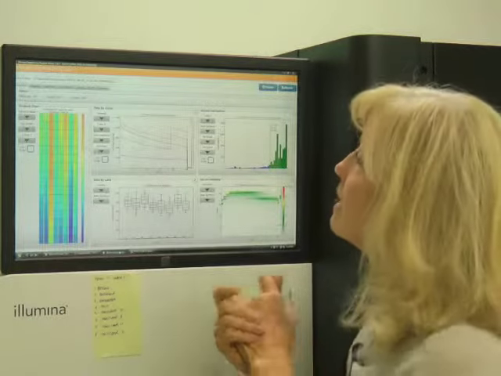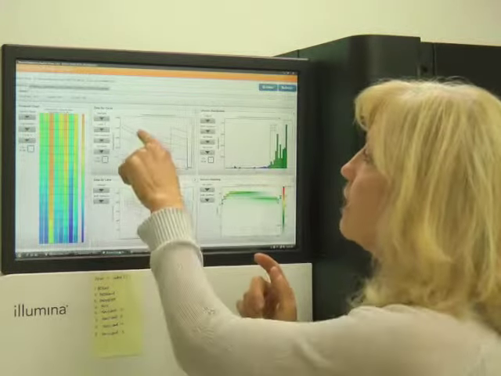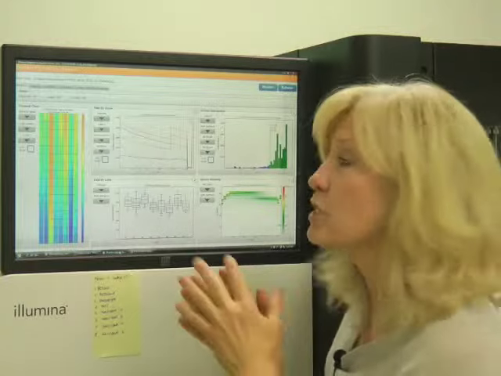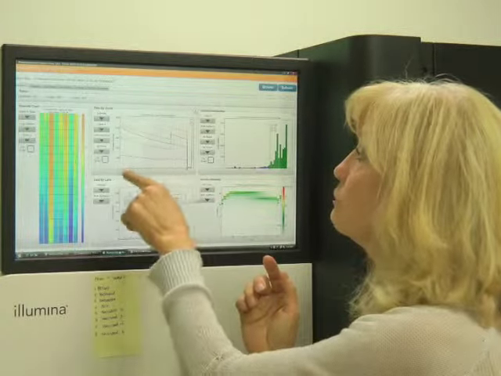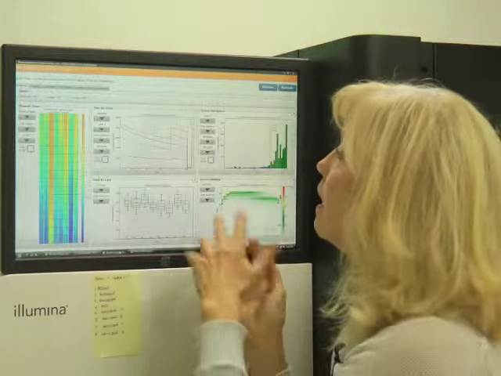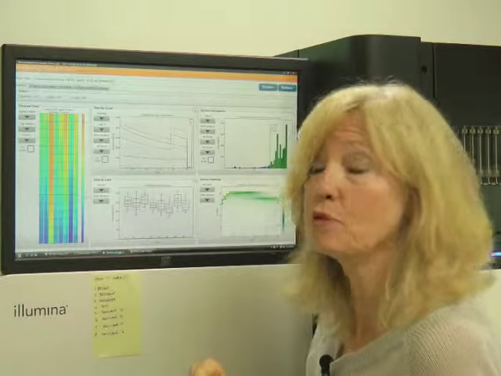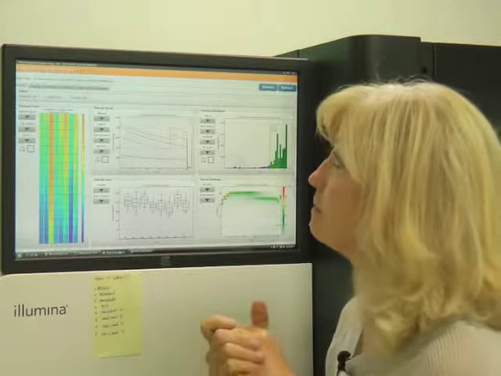In this box here, what we're looking at is the intensity of each of the bases. So our red line is the intensity of A's across all these cycles from cycle 1 to cycle 100. Our lowest one down here is G, and that's because G has the furthest distance to go in terms of being able to measure the fluorescence intensity.